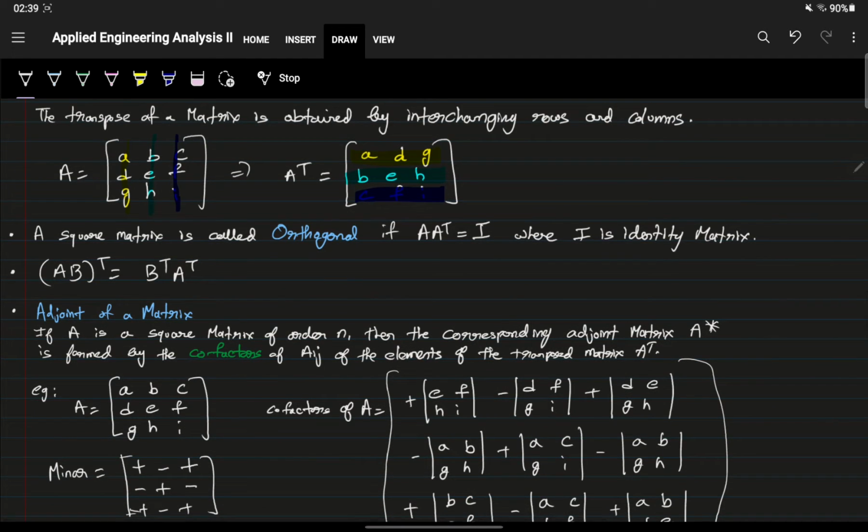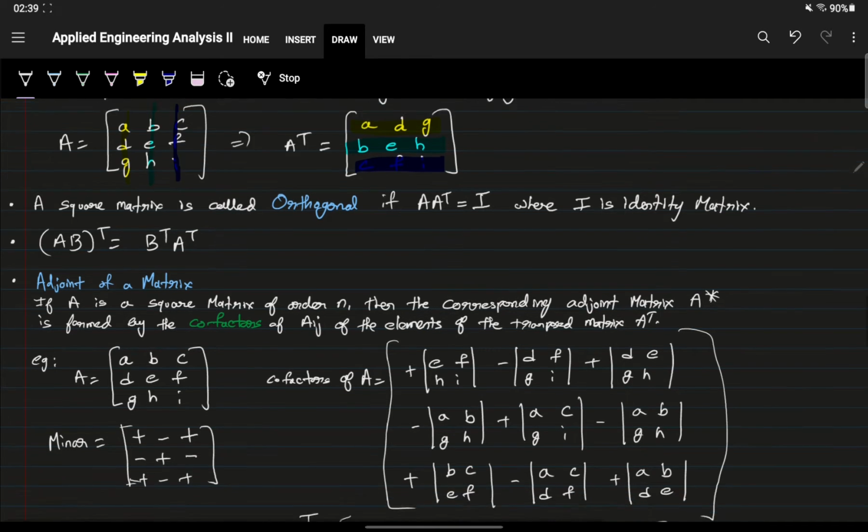A square matrix is called orthogonal if the product of its original matrix and the transpose of it is equivalent to an identity matrix. And with the same property, when two matrices are multiplied and a transpose is taken of the product, it is equivalent to the product of the transposes of the matrices in the reverse order, B transpose times A transpose.